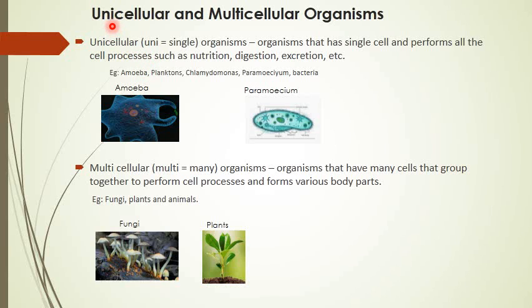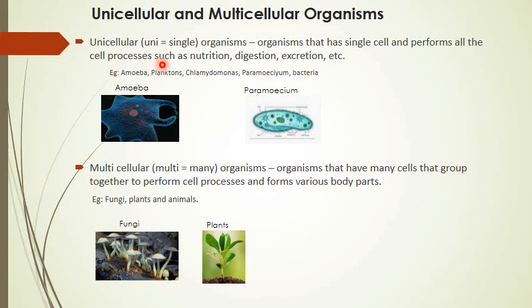In unicellular organisms, processes like nutrition, digestion, excretion, reproduction, etc., all these are performed by a single cell since there is only one cell. Unicellular organisms have one single cell which performs all the cell processes.